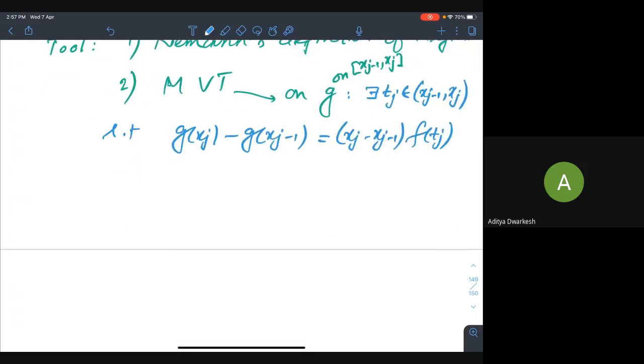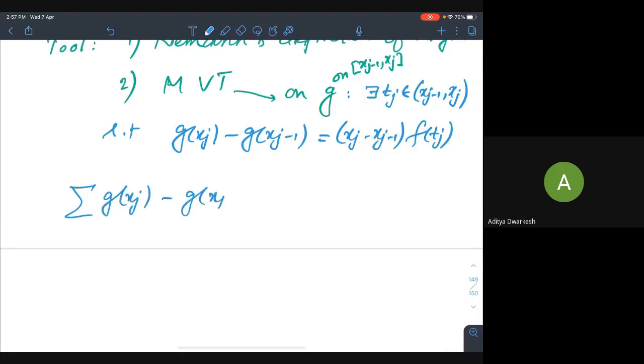Right? Now what you do is take the summation on both sides. The sum of g(xj) minus g(xj minus 1) over j equal to 1 to n, and the sum of f(tj) times (xj minus xj minus 1), j from 1 to n.